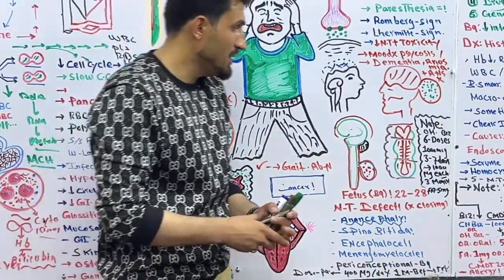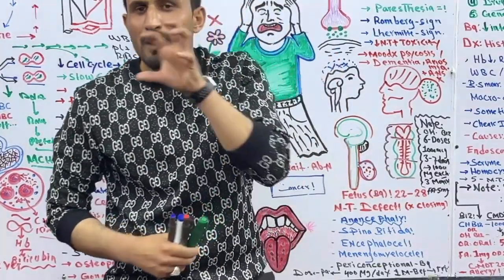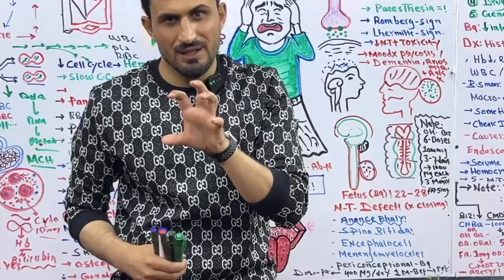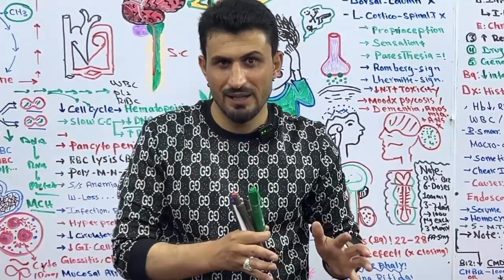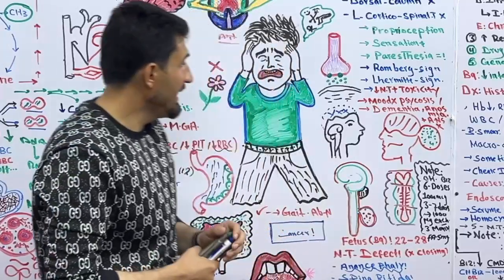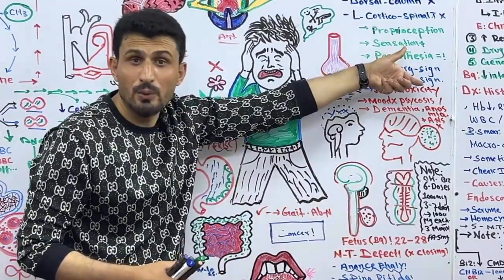So this is a very dangerous complication of vitamin B9, because we cannot store vitamin B9 for more than 2 or 3 months. Okay, that's why in pregnancy requirement of vitamin B9 increases.